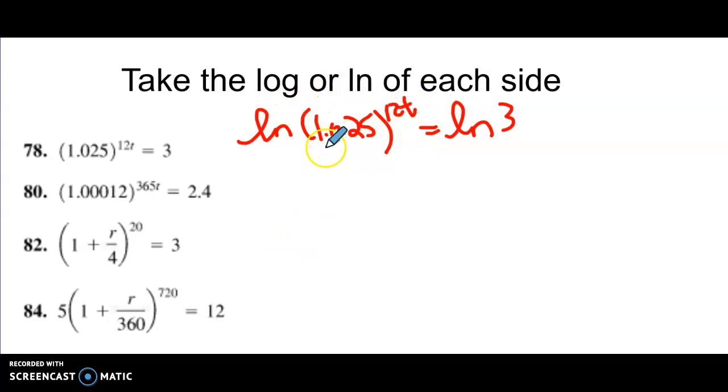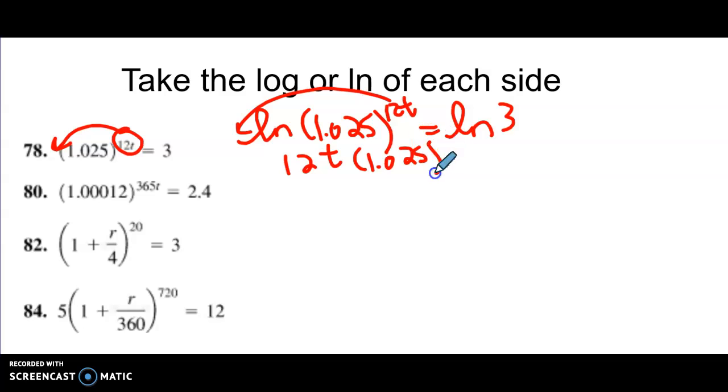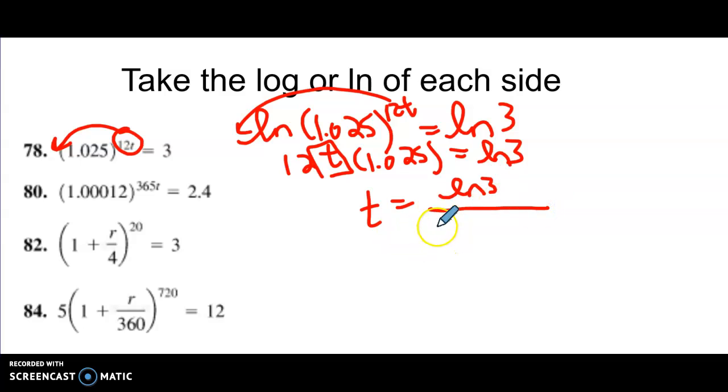But the reason that I take the log of both sides is so that I can use the property which says that I can move this exponent in front. And the exponent is what has the variable. Once I move the exponent down front, then I can isolate my t by dividing both sides by everything that's multiplied by the t. 12 natural log of 1.025.